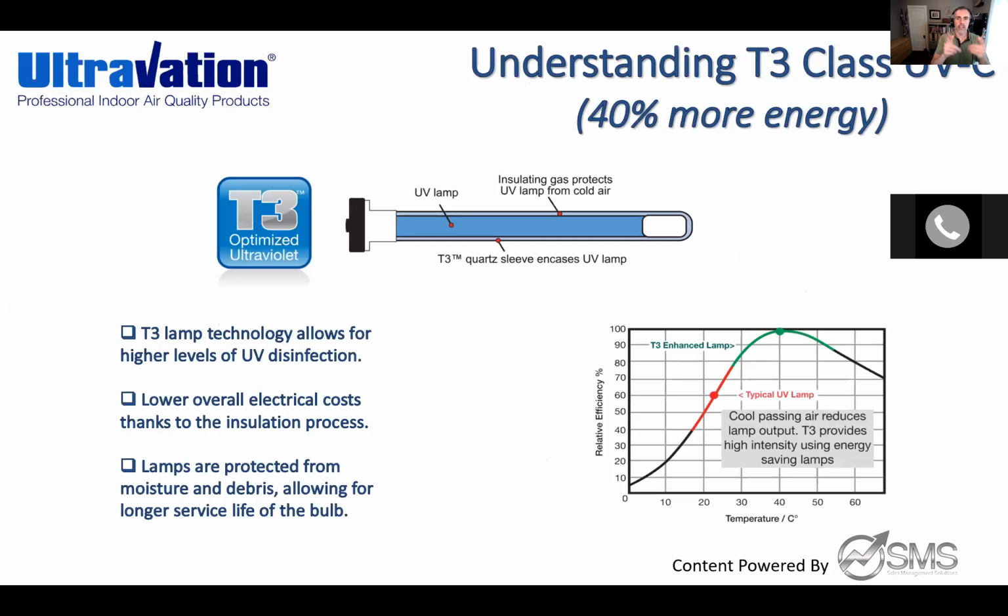Now, in Sydney's meeting with you the other day, we talked about differences in bulbs. We have a patented design, and we do use standard UVC wavelength bulbs. When I say standard, I'm referring to life cycle. A standard UVC wavelength bulb that hasn't been modified has a 9,000 hour life cycle, meaning 1 year.